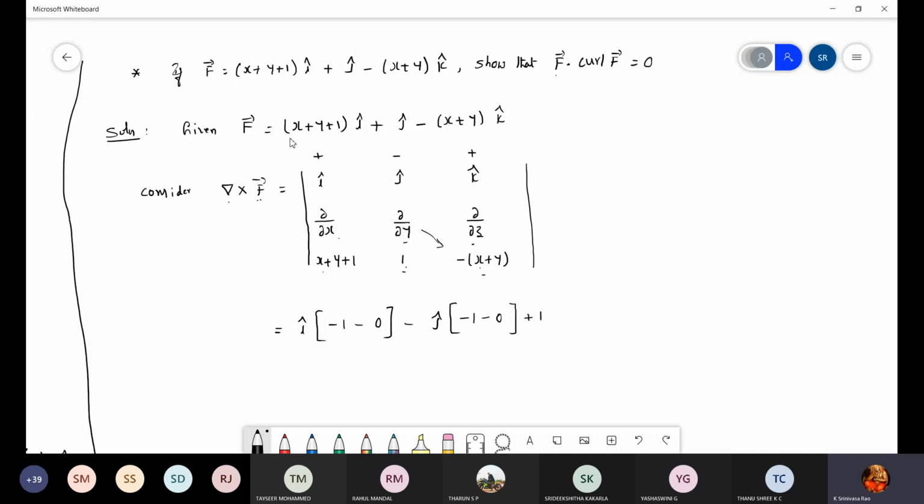Plus k cap into: leave that particular column and row. Dou by dou x of 1 is 0. Correct? Dou by dou y of x plus y plus 1 is 1. So minus 1. This is the final answer. You can verify.